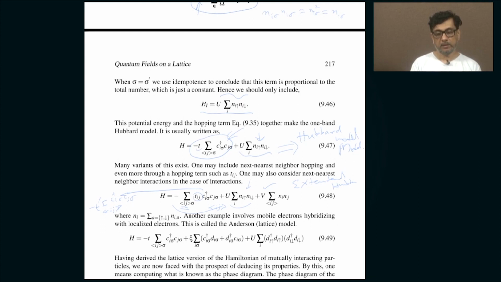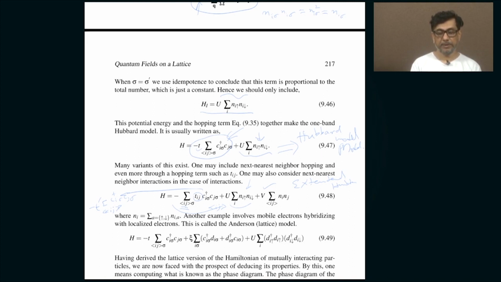A lot of effort has been made to understand these simplified models, and a lot is known, a lot is also not known, especially in more than one dimension.